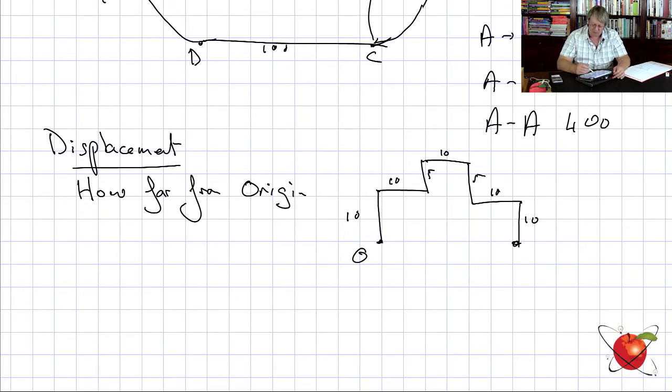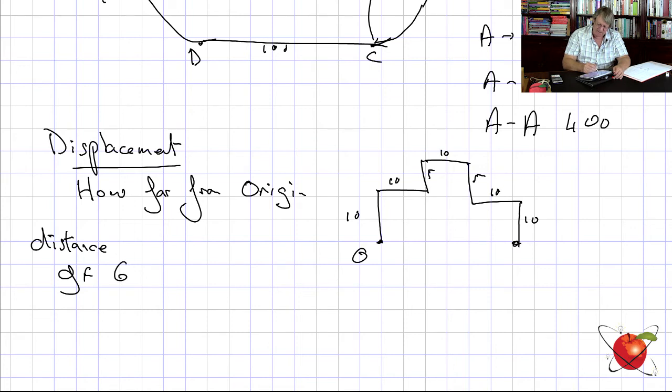How far have I walked? 10, 10, 5. 10, 20, 30, 40, 50. I have walked a distance of, as we said, 10, 20, 30, 40, 50, 60 meters. My distance is the distance I have walked.